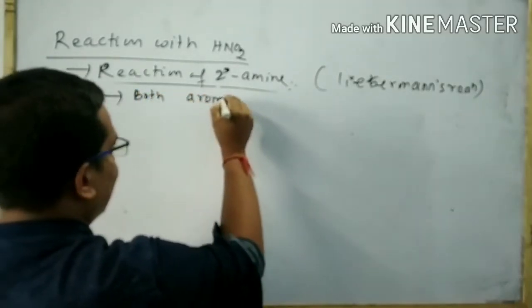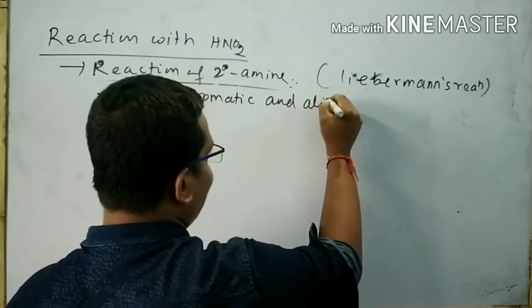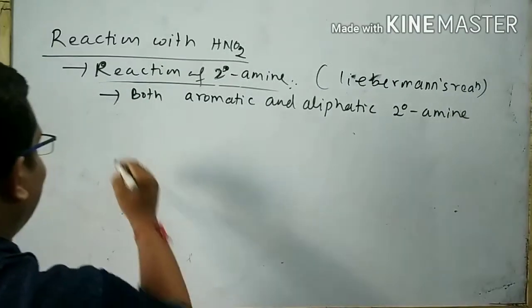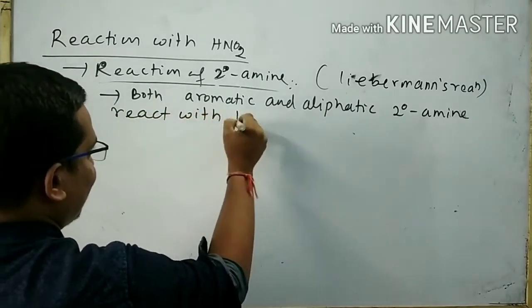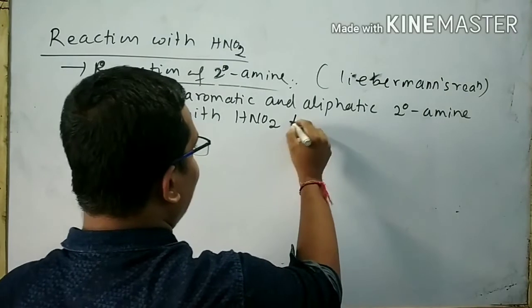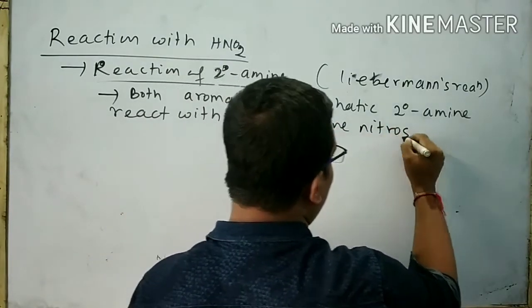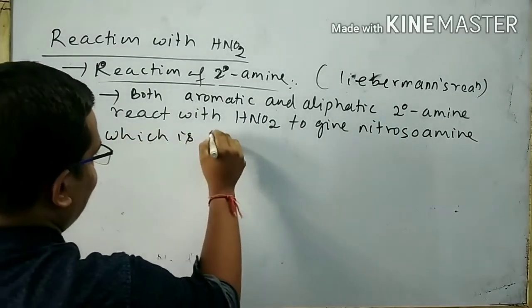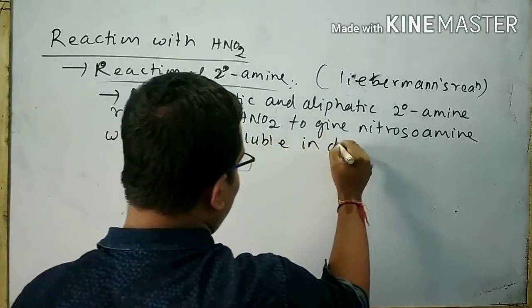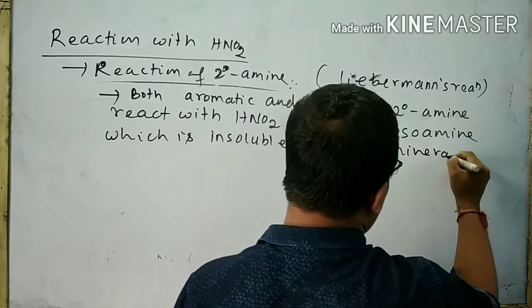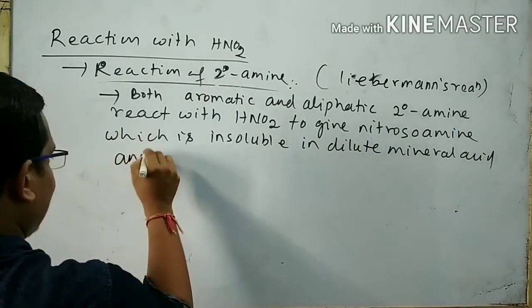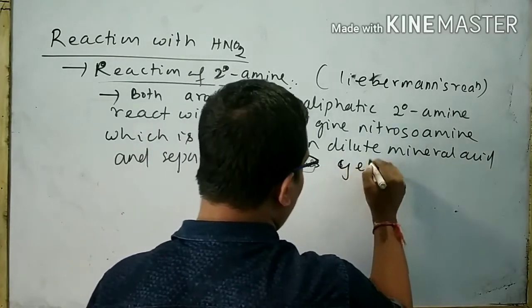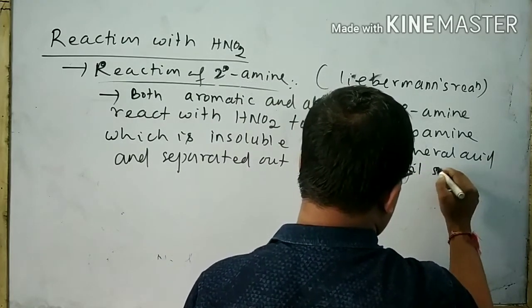Both aromatic and aliphatic 2-degree amines react with HNO2 to give nitrosamine, which is insoluble in dilute mineral acid and separated out as a yellow oily compound.